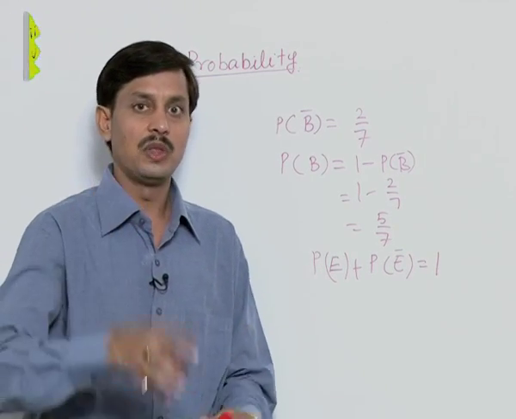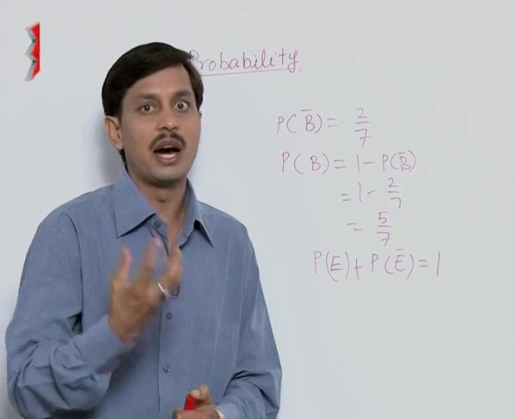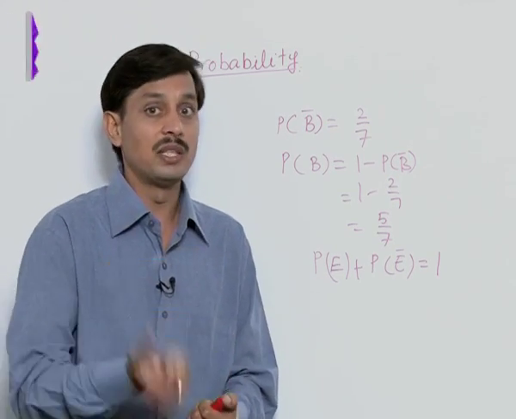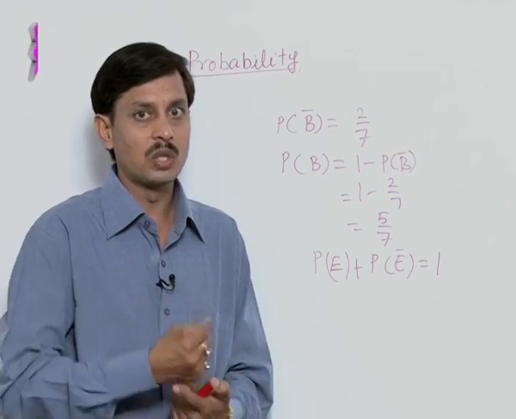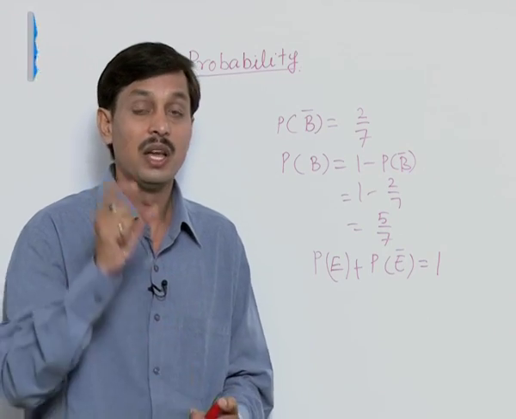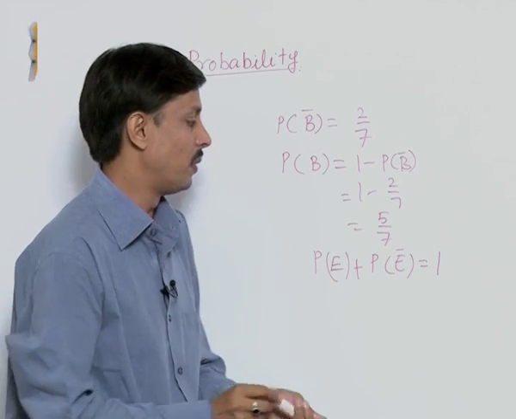Suppose there is an event which is sure to happen. Suppose there are 10 red balls, you want to pick one ball, what is the probability that the ball is of red color? If you have 10 balls of red color and you are picking a ball, the event will definitely happen. Such events are said to be a sure event.